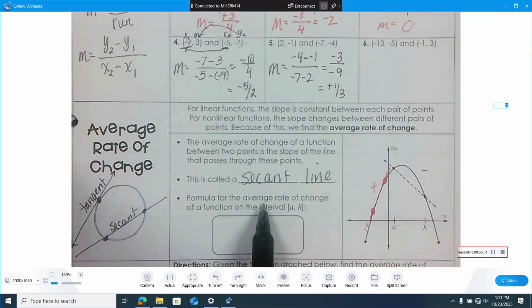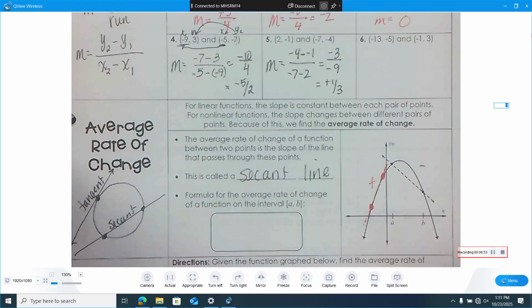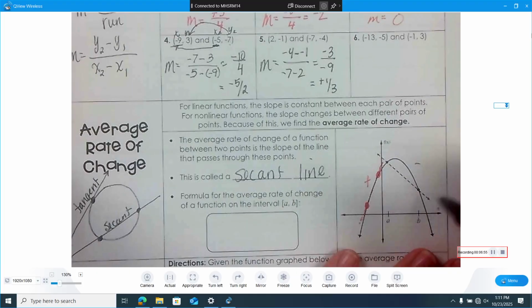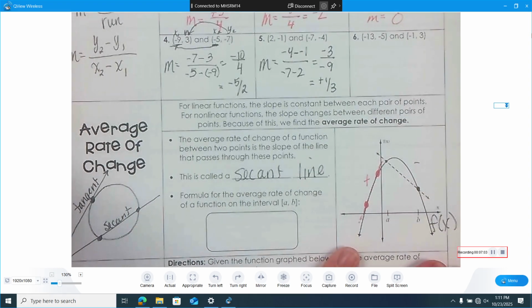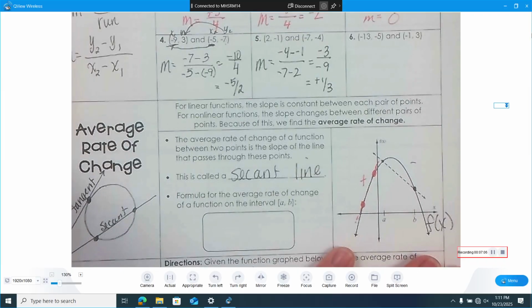And the formula for the average rate of change of a function, okay, we're going to do this together. This function has the name f of x, a generic function f of x, and I have this point here, b, which hits right here.